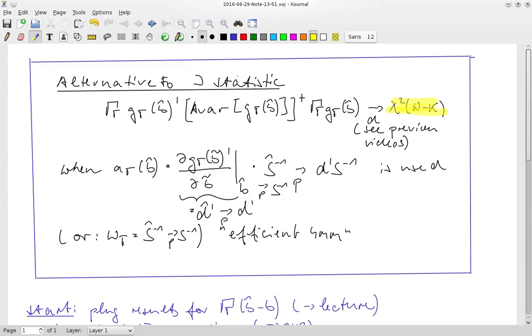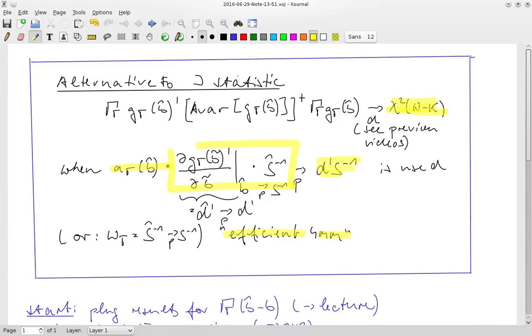Now, the alternative to the J statistic can be used when you use what we call efficient weighting or efficient GMM. That entails using in the generic GMM formulation an a_T matrix, which makes sure that it converges to this term d prime S to the minus 1, and the term that we see here is such an efficient weighting that it can produce such a convergence.